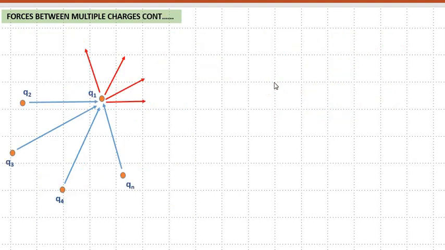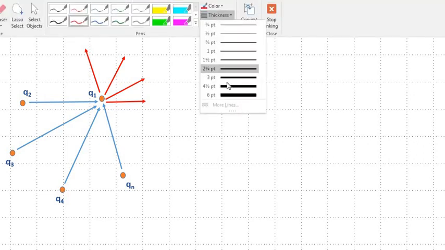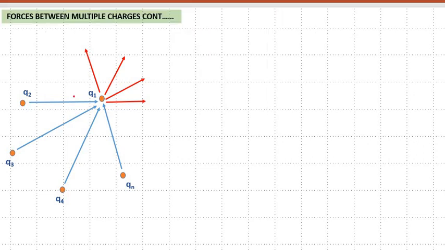Now if we move on to the next slide, here I have shown multiple charges Q2, Q3, Q4, Q5 dot dot dot till Qn. So there are n charges, and we have already discussed that the distance between Q1 and Q2, since the arrow is pointing towards Q1, is the R12 vector.